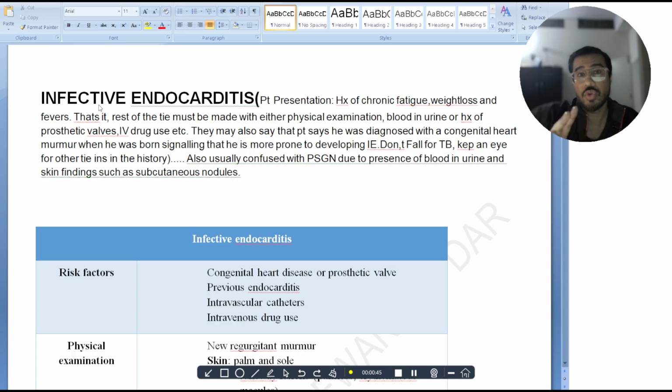The other two things that you might confuse infective endocarditis with are post-streptococcal glomerulonephritis, because there is blood in the urine, and in infective endocarditis the patient can also have blood in the urine.